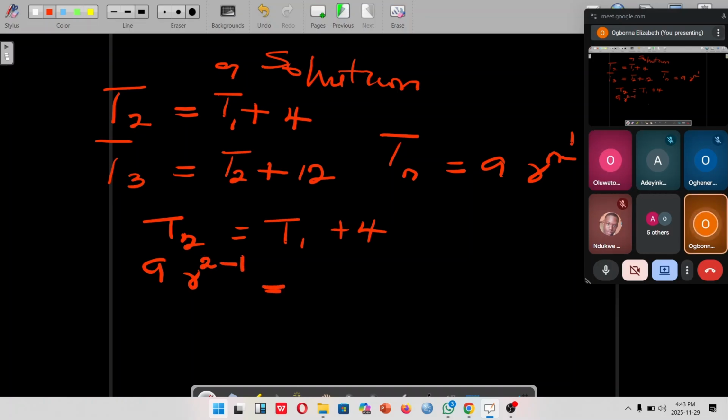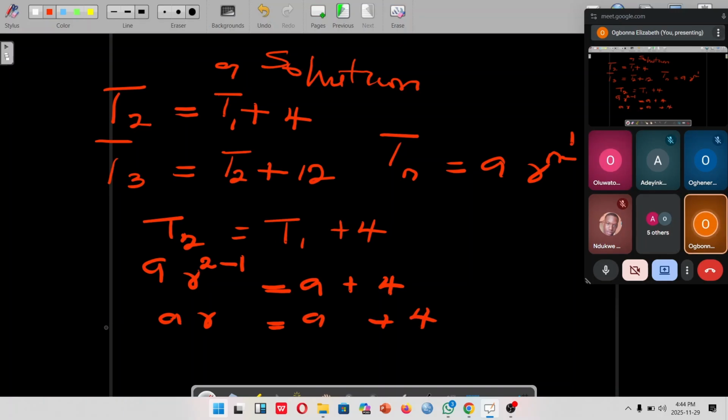Equal to our A. T1 is A plus 4. So this will give us again A R, Abi, 2 minus 1 is 1. And this is equals to A plus 4.